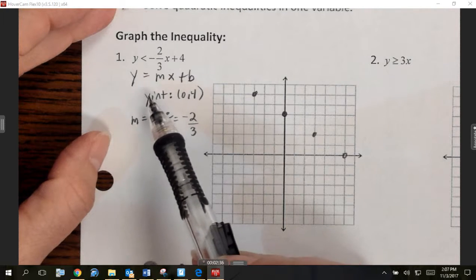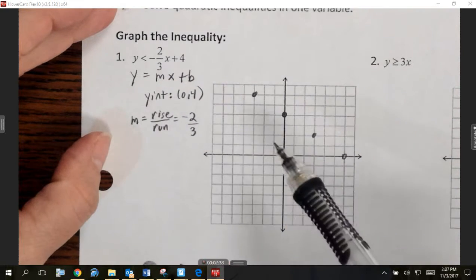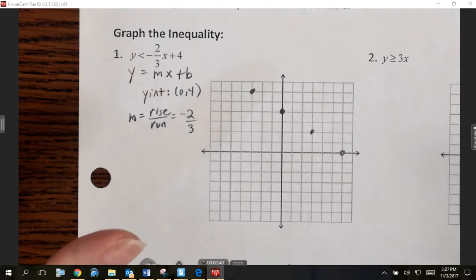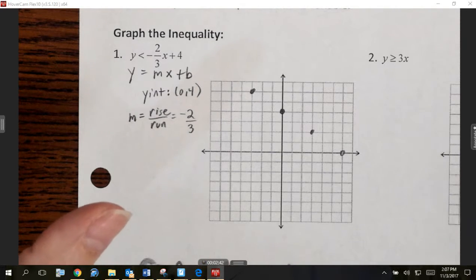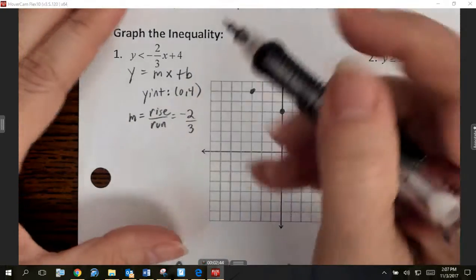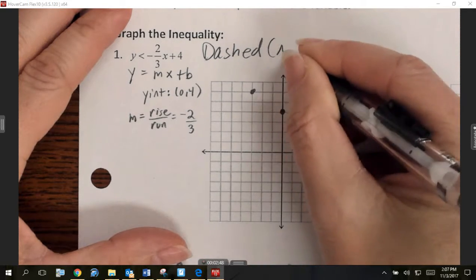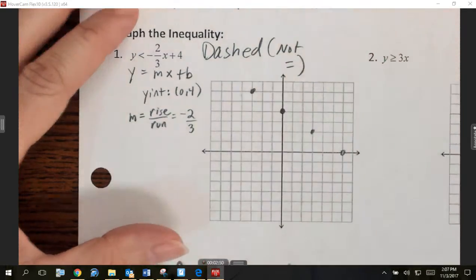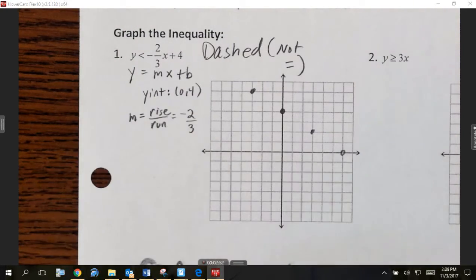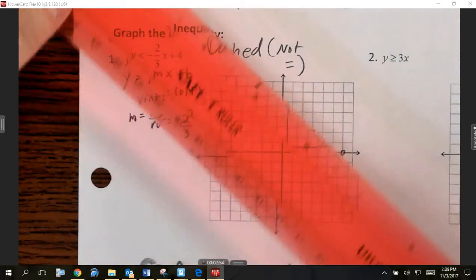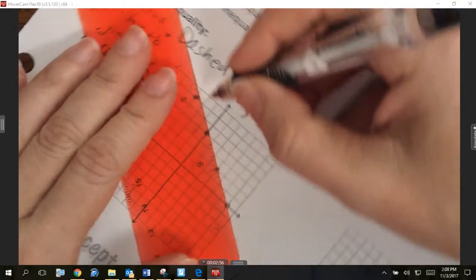It's only less than. So am I going to have a line or a dashed line? Dashed line. This one's going to be a dashed line because it's not equal. If it were less than or equal to, then it could be equal and then we'd have a solid line there. This one's not equal, just a dashed line.